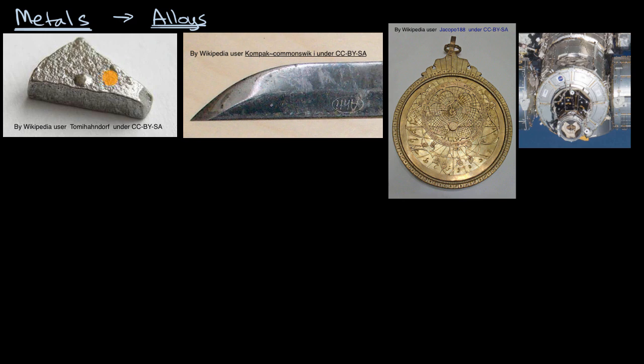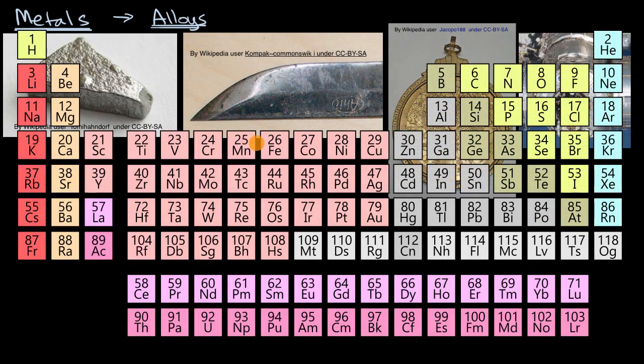Just as a review of where these properties come from, we can imagine metallic bonds. And there's a whole video on this. But in metallic bonds, let's say we were to take a bunch of iron. You can see right over here, iron, Fe. It is a transition metal. What happens with metals is when they form bonds with each other, their valence electrons, because each of the atoms aren't that electronegative, they don't want to hog the electrons.